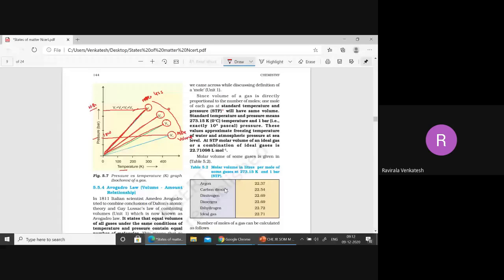Take a second experiment with the volume increased, say 1 liter. Next experiment at 2 liters: again temperature increases and pressure increases, but the total pressure will be lesser compared with 1 liter. Do it at 3 liters, keeping the volume constant throughout the experiment.